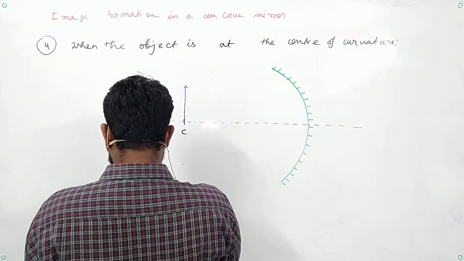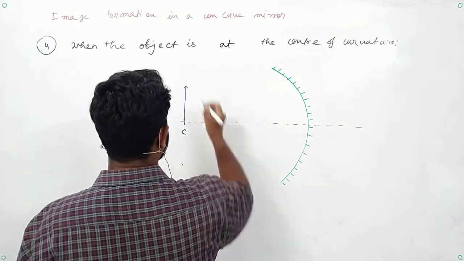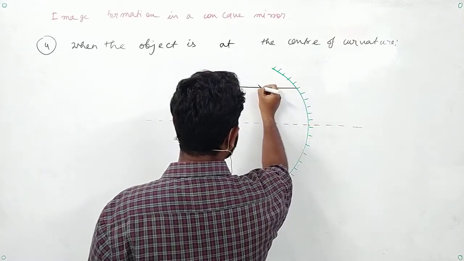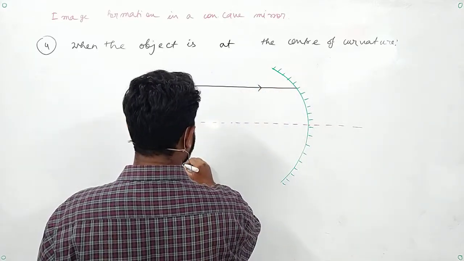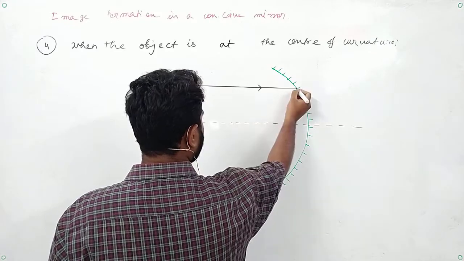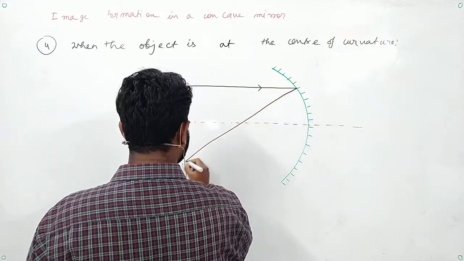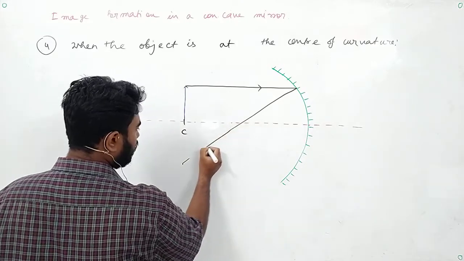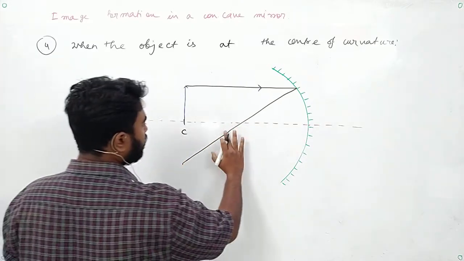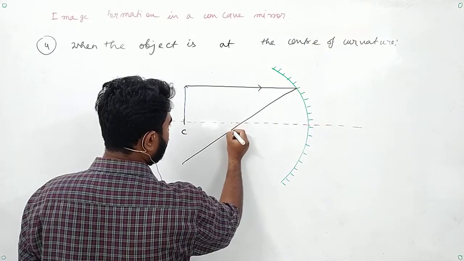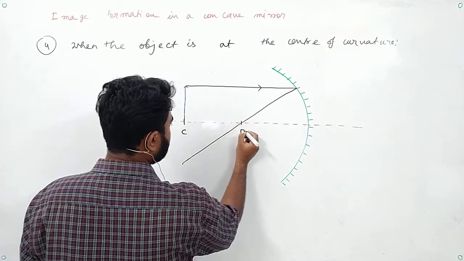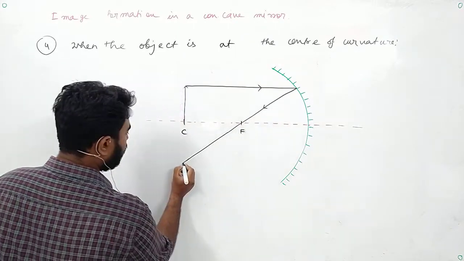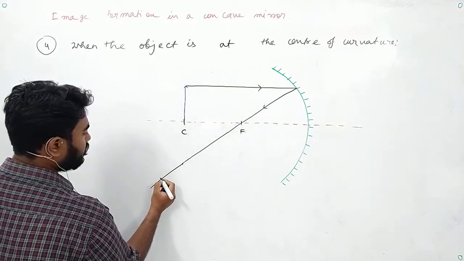Then after reflection, if a straight parallel ray of light comes and falls on the surface, then after reflection it will pass through the focus.